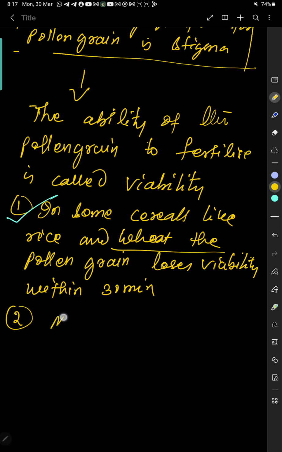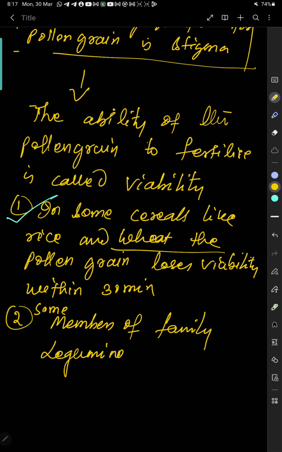नाउ सब मेंबर्स ऑफ प्लांट फैमिली हम पढ़े थे क्लास 11th में. तो हम सोलानेसी फैमिली पढ़े थे. सो बिसाइड्स सोलानेसी फैमिली 2 अदर फैमिलीज आर देयर. मेंबर्स ऑफ फैमिली, not all members, some members of family Leguminosae, okay, then Solanaceae and Rosaceae.